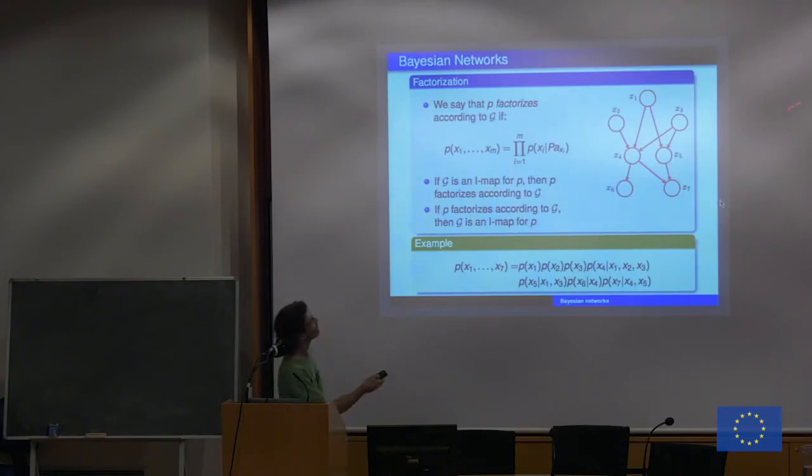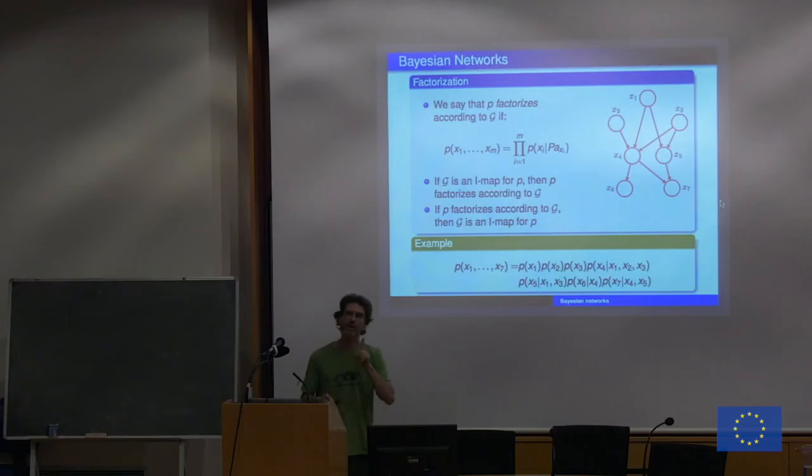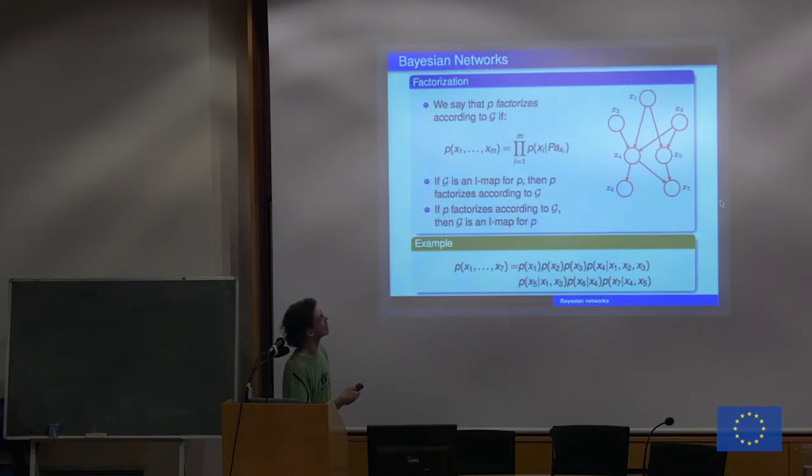Yes, because there is a difference between ancestor and non-descendant. x5 is not a descendant of x6, meaning that you can't reach x5 from x6 going down. It's a little bit tricky, but it has to be. It is true that x6 is independent of x5 given x4.